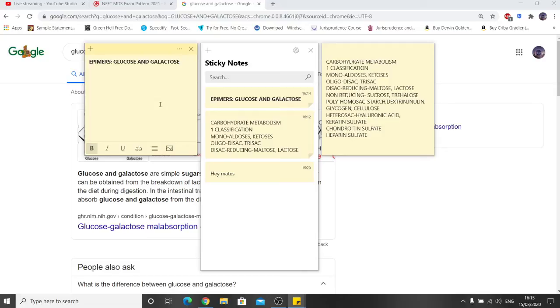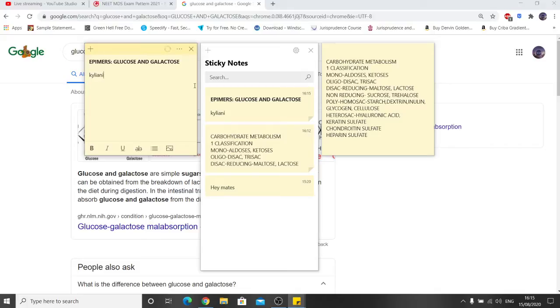Okay, the next thing. A method for synthesis of a higher monosaccharide from a lower one is called Kiliani synthesis. Kiliani, sorry, what's the spelling again?